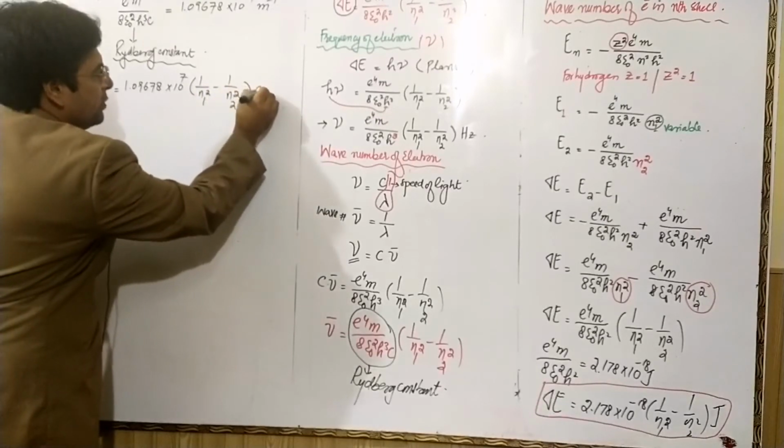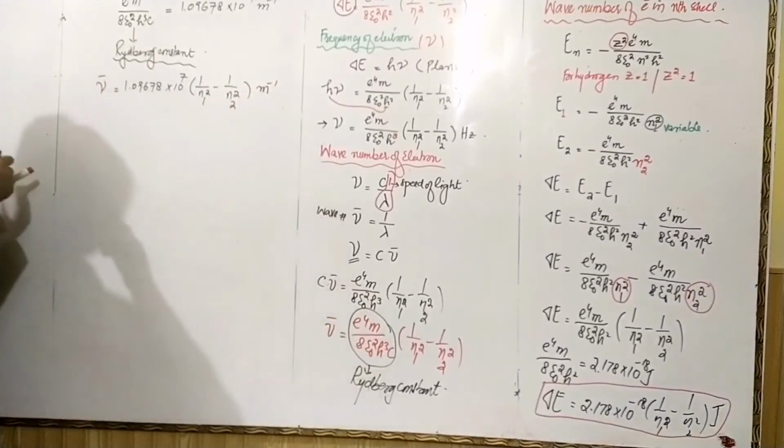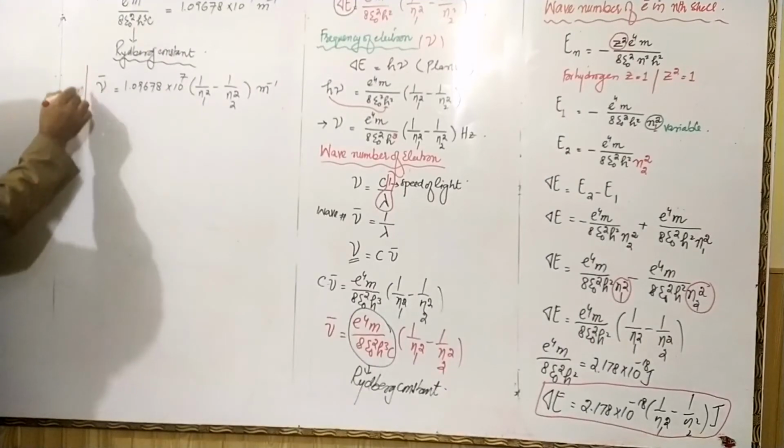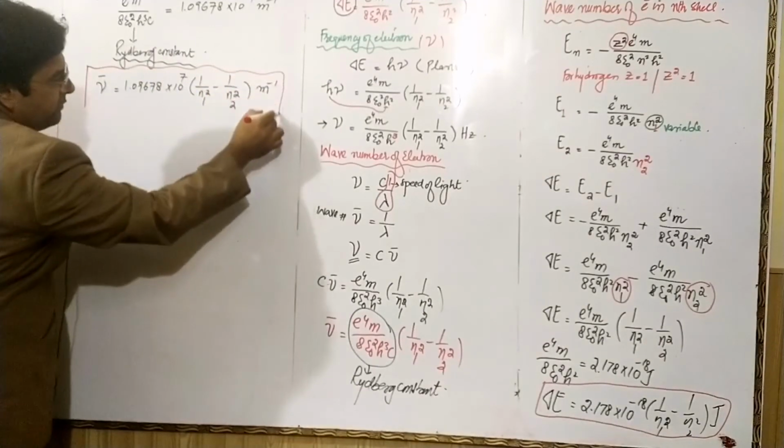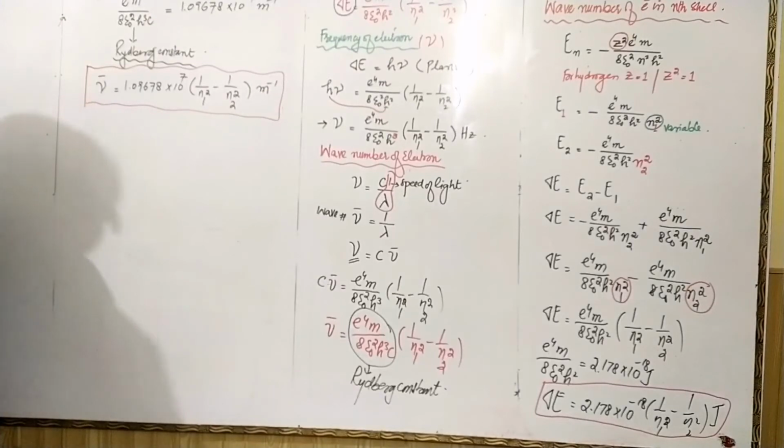Its unit is per meter. From this formula, we can calculate the wave number of the revolving electron.